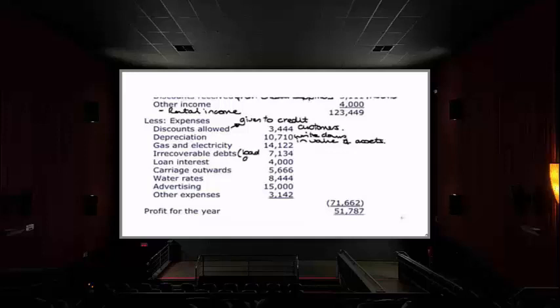So sometimes known as bad debts, but in the exam it would be known as an irrecoverable debt. Again, it is an expense to the business. We've got to strip it out of sales income, but show it separately. Again, we have a whole chapter devoted to irrecoverable debts later on.